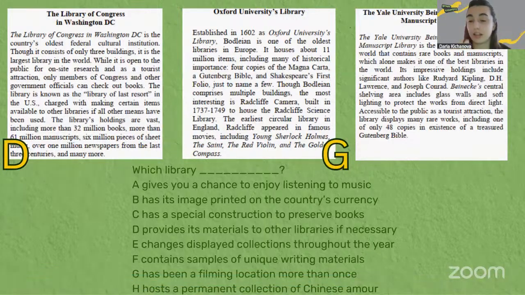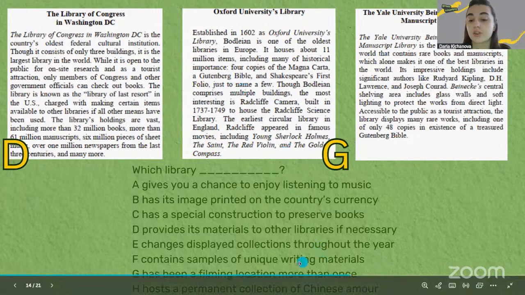This library was used in 4 different films. So please pay attention. You have F. It houses about 11 million items. But we don't have any information that these are writing materials.